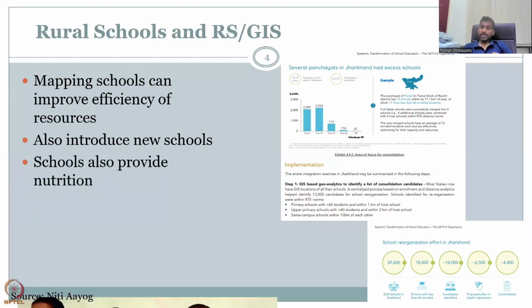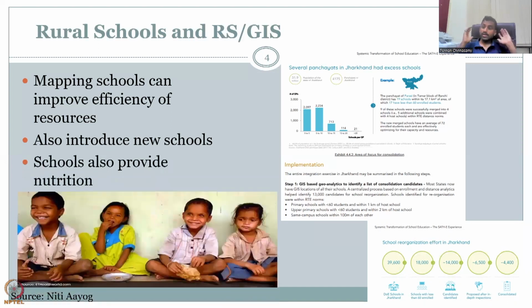Also, please don't forget that schools are also a place where the children get midday meals. It is a very, very important scheme by the government. Tamil Nadu was one of the first states to introduce this. They have shown tremendous uptake of this program, and the nutrition data shows high positivity because of the scheme.